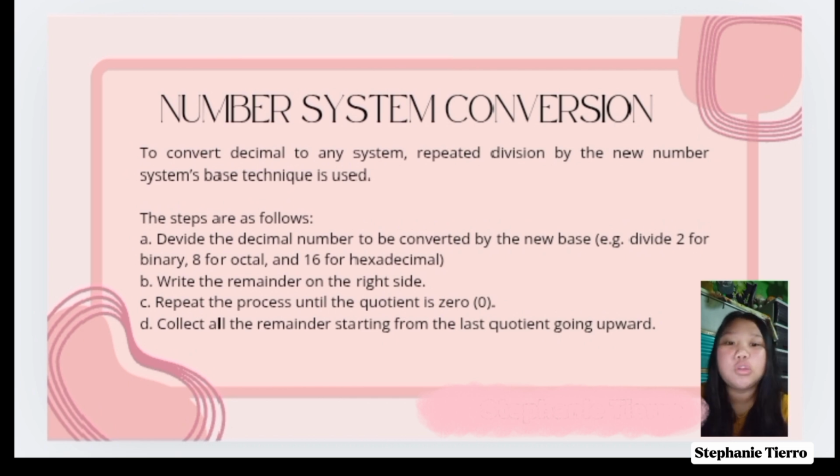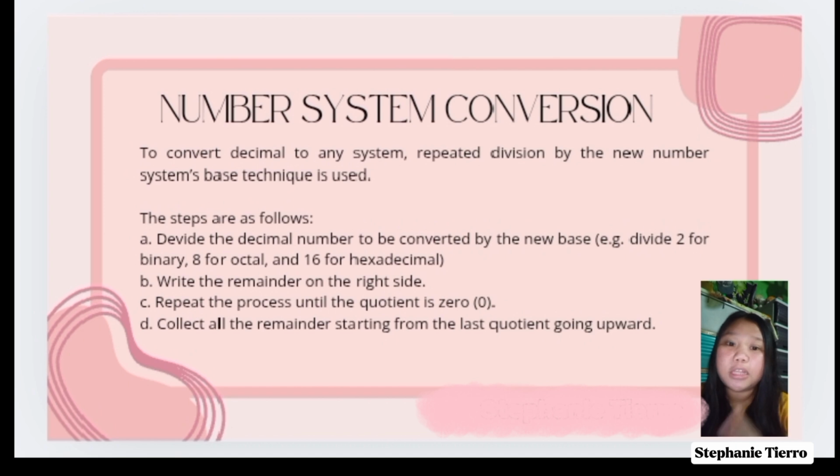Ang gagawin natin dito ay, yung decimal number na represent ay i-divide natin siya sa base sa different base. Which is, pag ginamit natin si binary, ang base nun is 2. Pag si octal naman ay 8, and lastly, si hexadecimal ay 16.